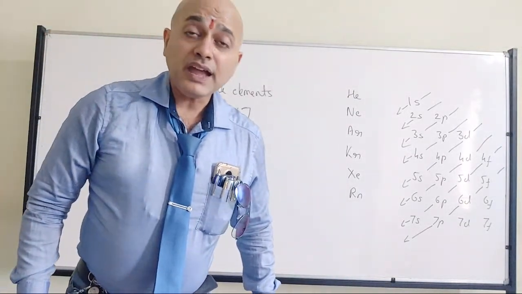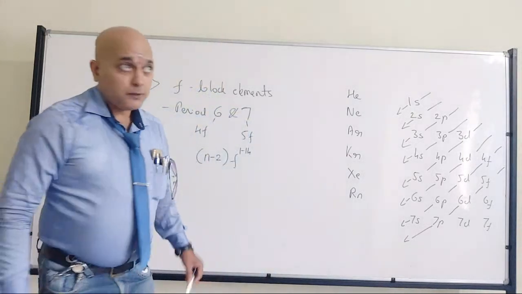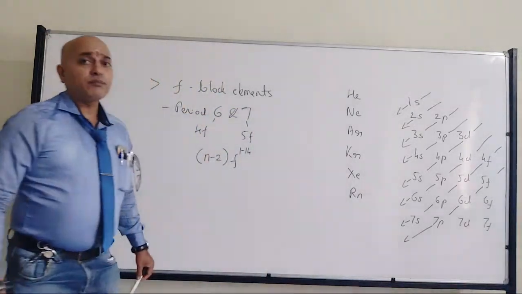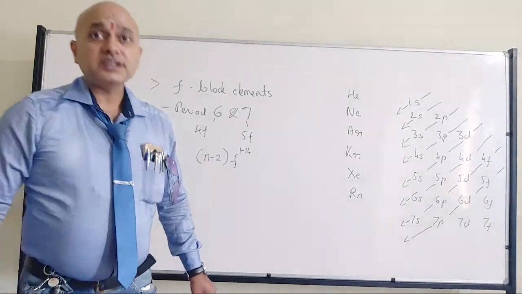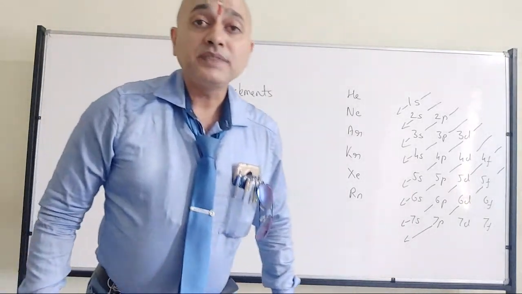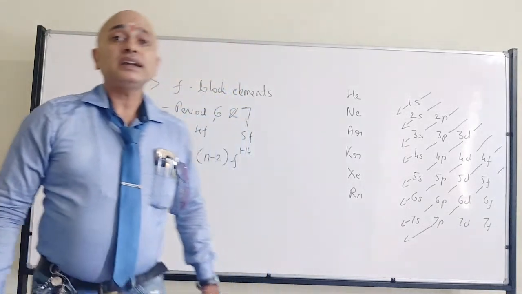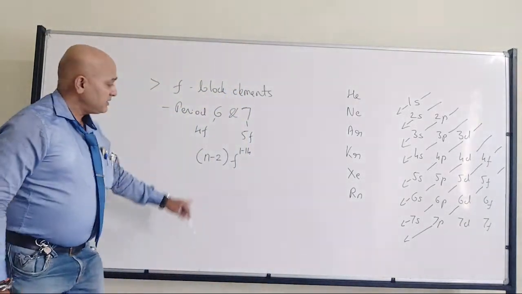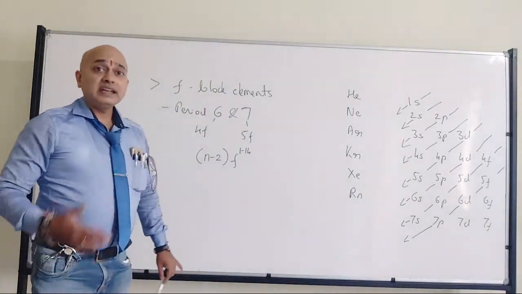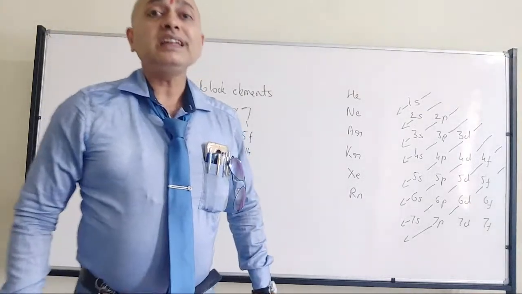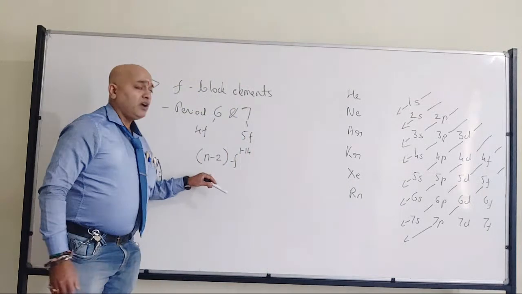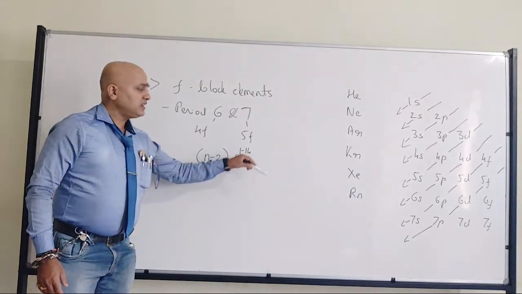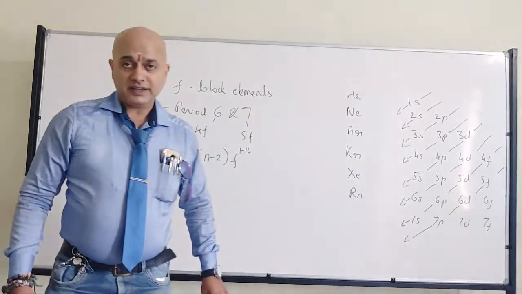Due to the f subshell which is getting filled up, they are called f block elements. Fine. So how many elements will be there? 14 elements, because 14 electrons can be accommodated.